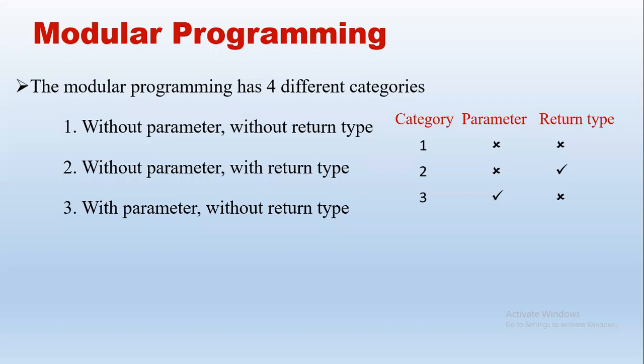In this case, I took one analogy in the beginning of the class. How can we understand this category? Say I am the teacher, I call one of the students, say I call Jai Surya, and I tell him, you solve this assignment and give me the answer. How does this work? Here, without parameter and without return type, he will take his own inputs and find the answer.